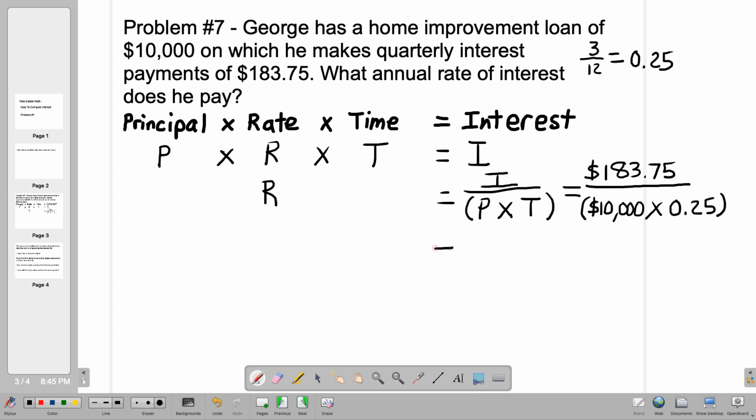Alright, we continue. We're still solving for R because R represents the rate. And so we have $183.75 as the numerator. And for the denominator, we'll go ahead and multiply that out.